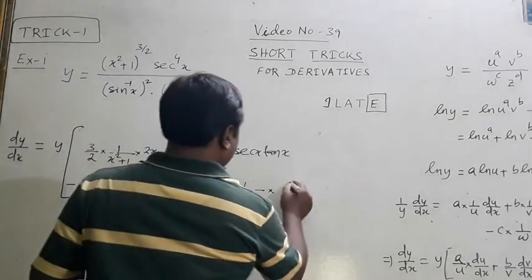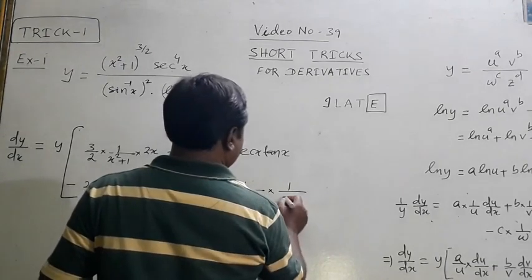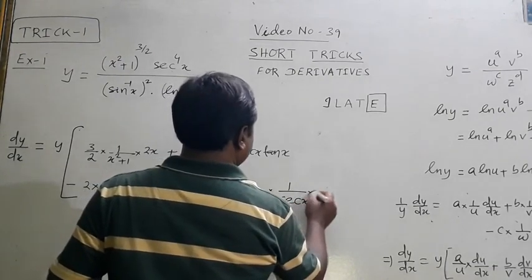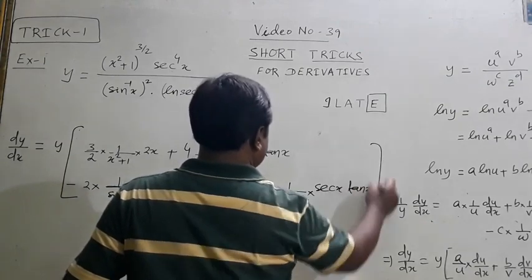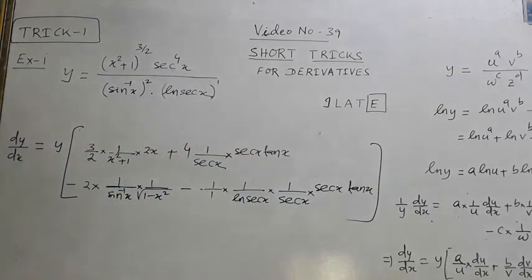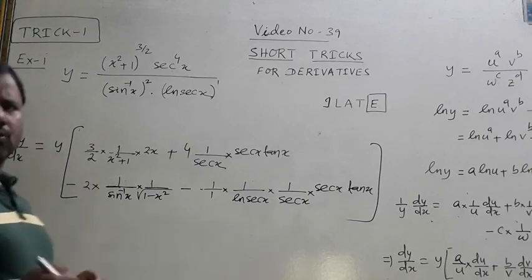The derivative of ln sec x is 1 by sec x into the derivative of sec x, which is sec x tan x. Okay, this is the formula, this is the short trick.